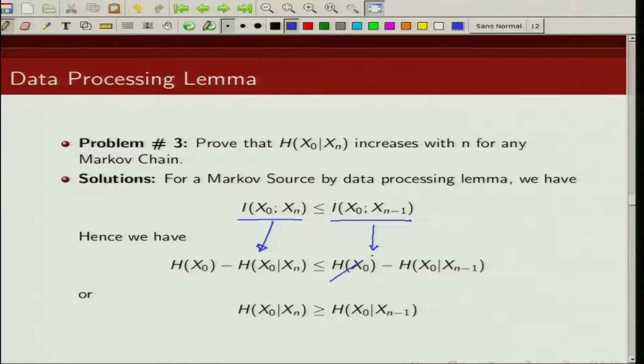So this is common, and what we get is minus of this is less than or equal to minus of this. Multiplying by minus 1 on both sides, we get entropy of x0 given xn is greater than or equal to uncertainty in x0 given xn minus 1. So as n increases, you can see this entropy increases.